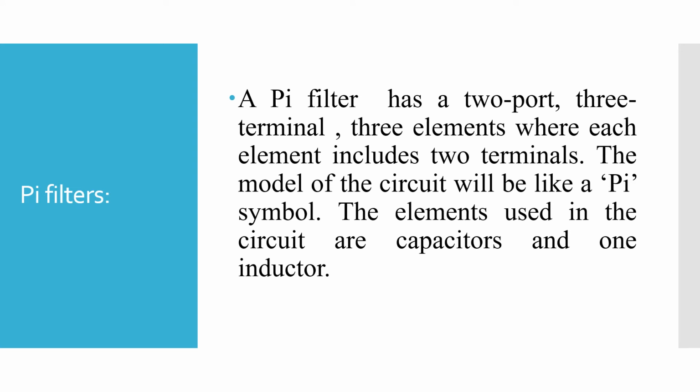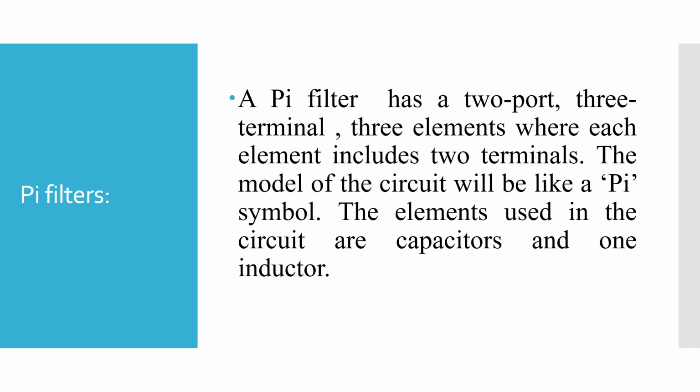Let us study pi filters. A pi filter has a 2-port or 3-terminal network, with 3 elements, where each element includes 2 terminals. And the model of the circuit makes a symbol of pi.